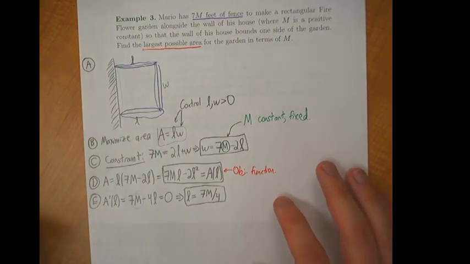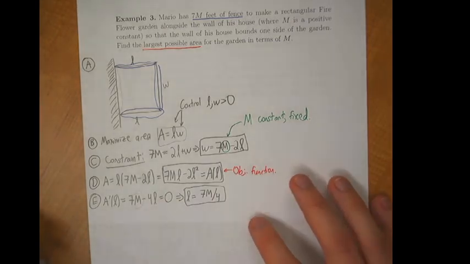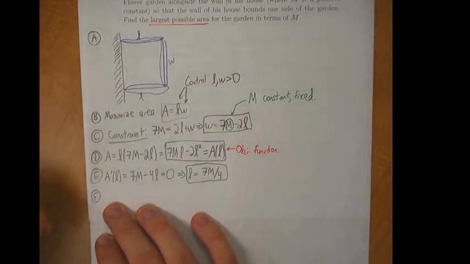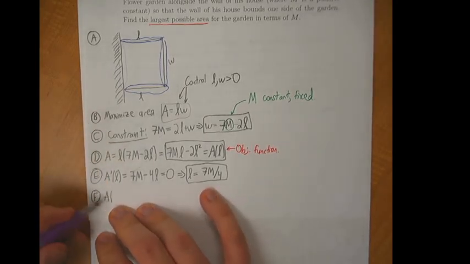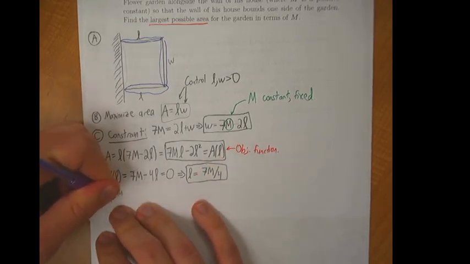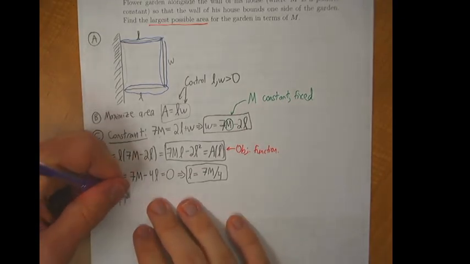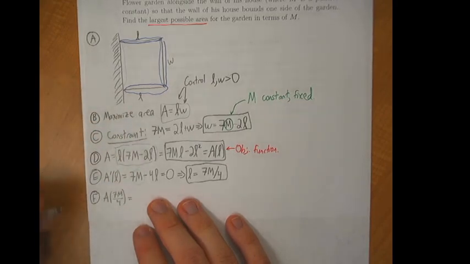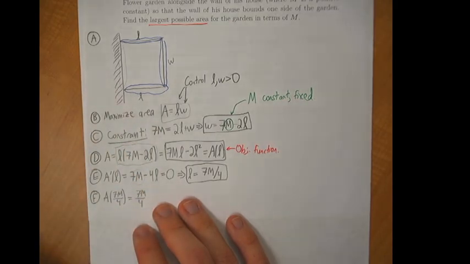Okay. So now that will give us the desired critical point that we need here. So if we plug this back into our objective function in step D, we have A of 7m over 4. So if I'm going to plug this into this form here, and the reason we're doing that is just so that makes our algebra a little bit easier.